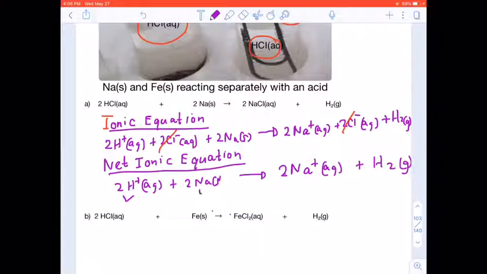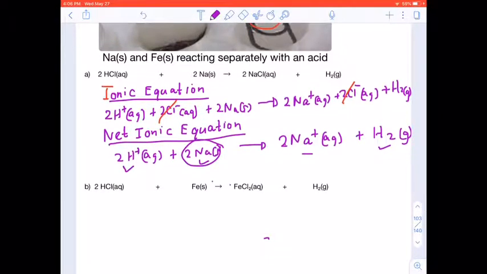And if we take a metal plus an acid, that would give us 2Na plus hydrogen gas. It could have been 2H plus with a different metal, and it would still give us hydrogen gas. Let's illustrate that with the next example.